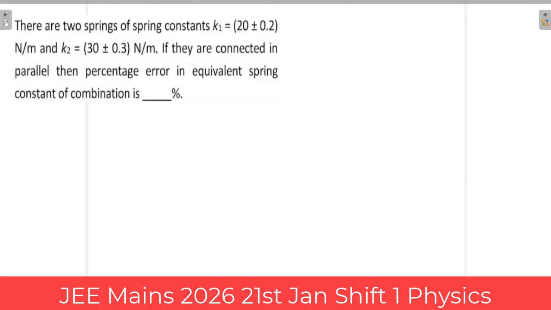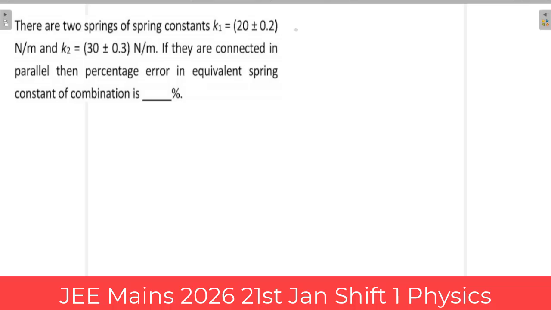There are two springs of spring constant K1 equal to 20 plus minus 0.2 Newton per meter and K2 equal to 30 plus minus 0.3 Newton per meter. They are connected in parallel. The percentage error in the equivalent spring constant of the combination is?